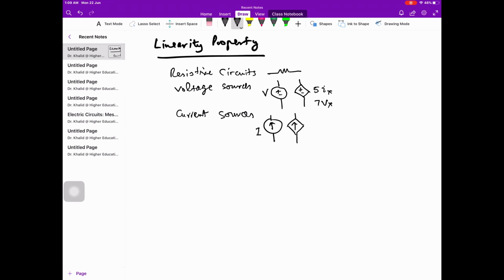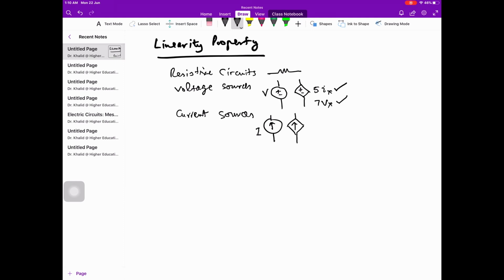So in one case, this is a voltage source which depends on a current variable, and this is a voltage source which depends on a voltage. So this is a dependent voltage source.